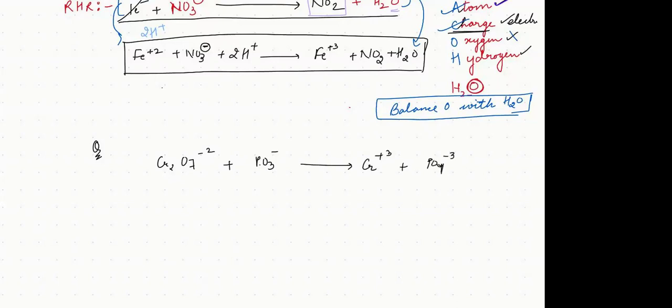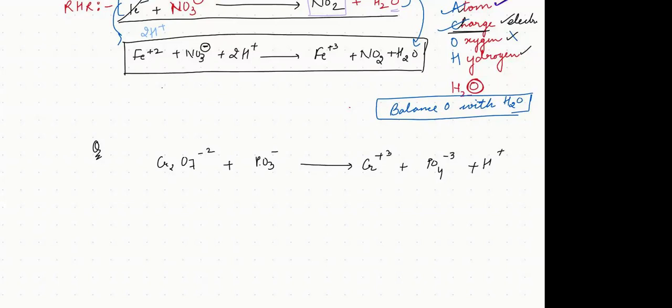That's the equation that is given to me. And they have written H plus on either side just to let me know that it is an acidic medium, so that I follow the rules of balancing a redox equation in the acidic medium. So let's suppose this is a hypothetical equation that you have to balance. Now, how do you do this?